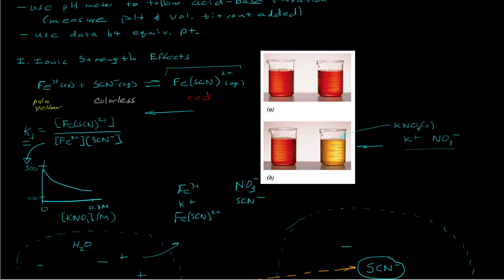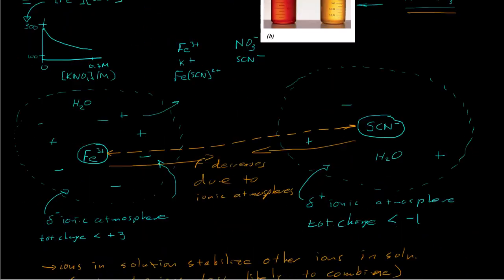So we stabilize these individual Fe3+ and SCN- ions in solution, so they are less likely to combine. And that's why our solution turns yellow, even though we're adding a salt that doesn't react with any of the components in our solution. So that's the ionic strength effect.